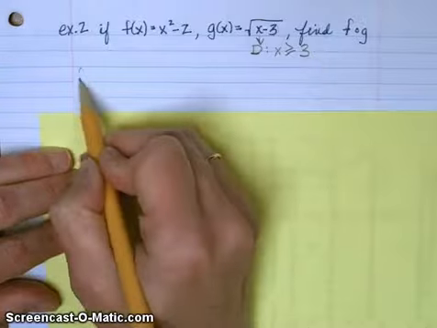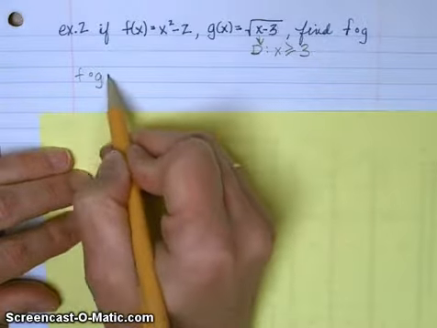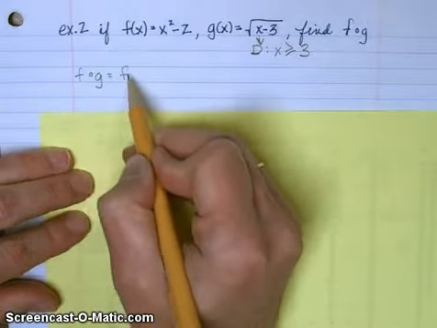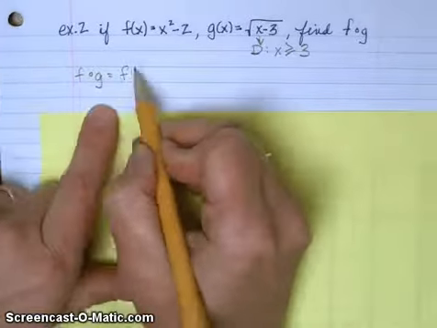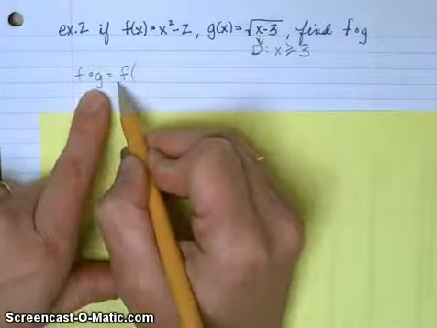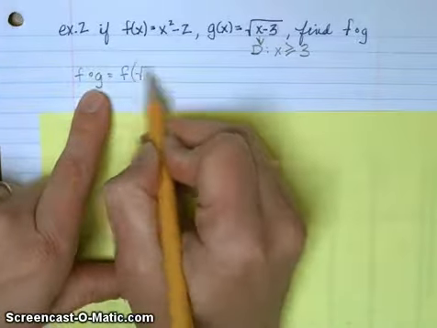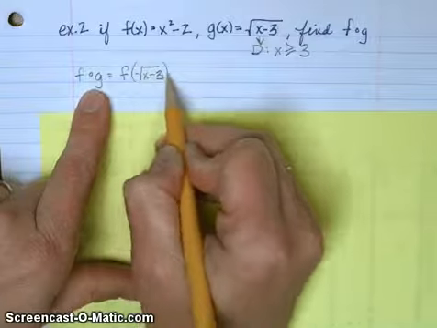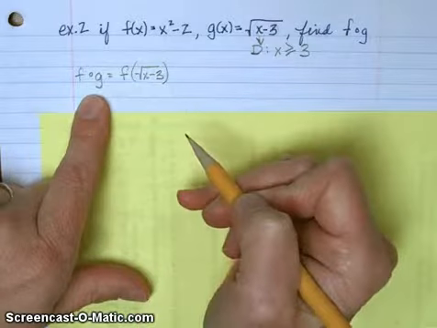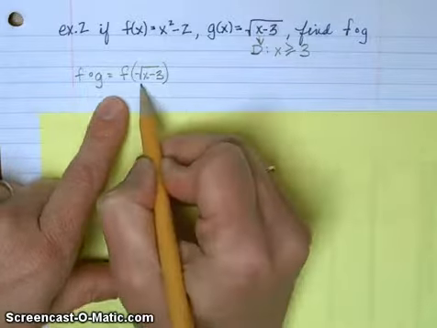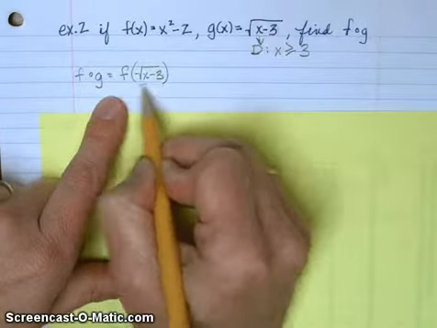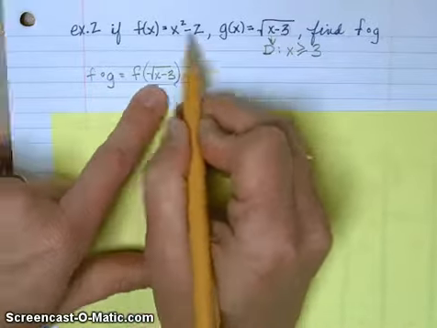The composition of f and g is going to be f at g. So that means I'm going to plug in g, which is the square root of x minus 3. And I'm now going to take that value, f at the square root of x minus 3, and plug it in here.